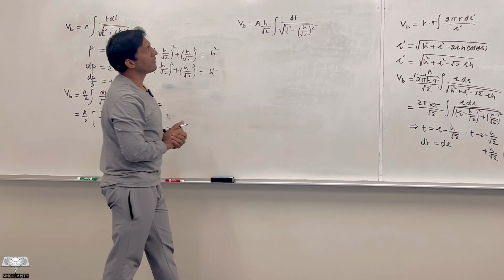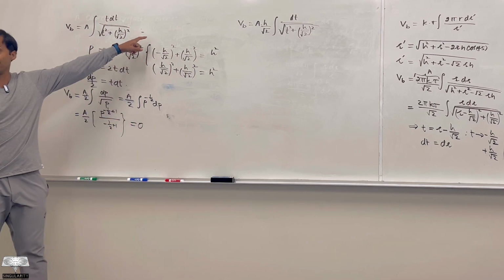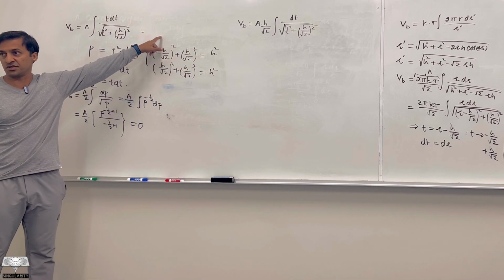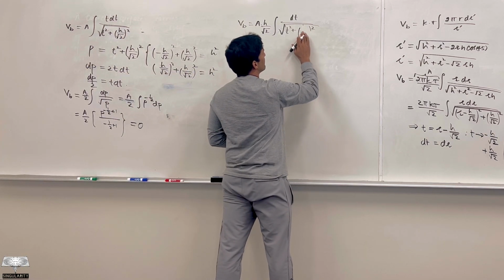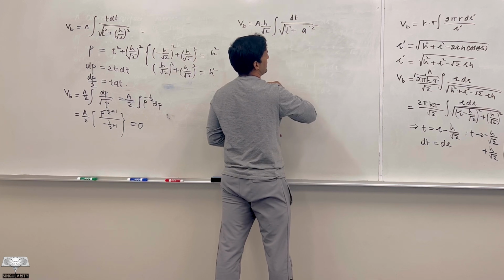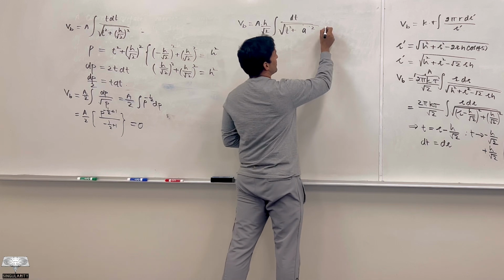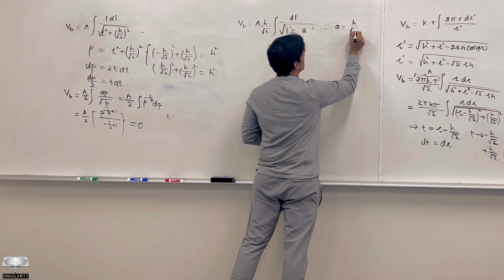This one is an easier one. This is like the one that I was telling you. You can directly substitute. Let's call this term for the moment a. So our a is h divided by square root 2.